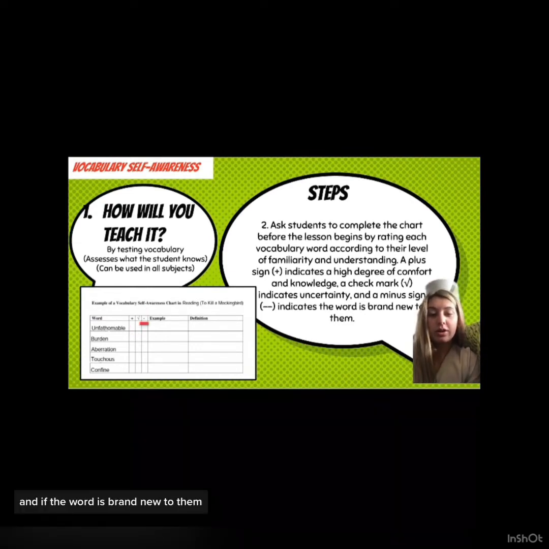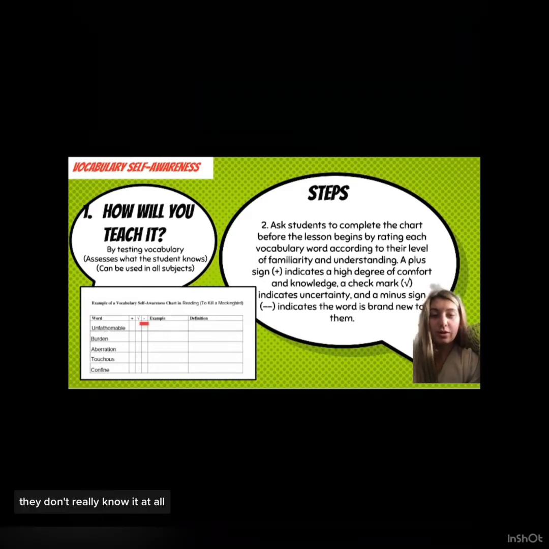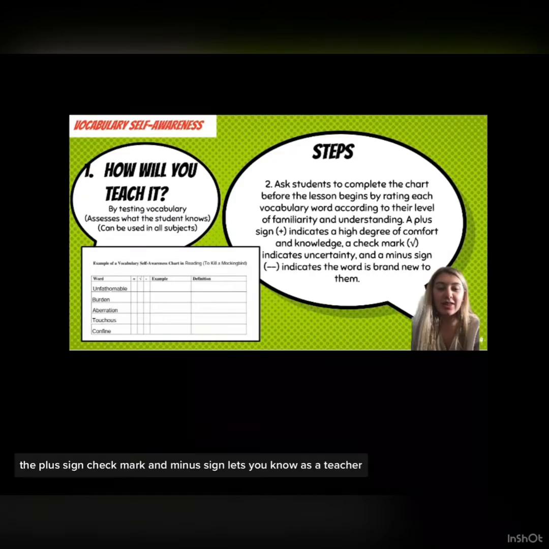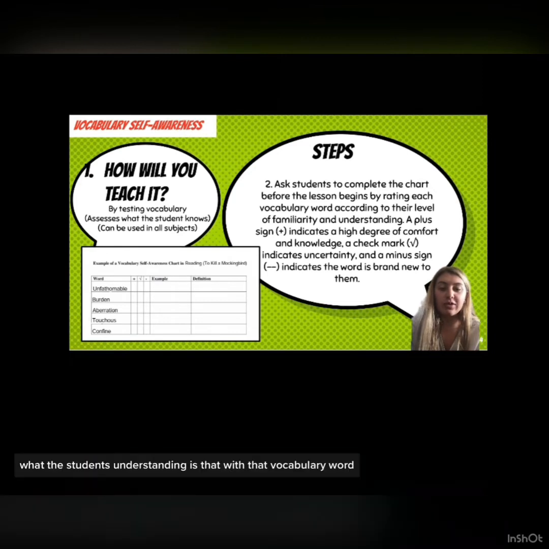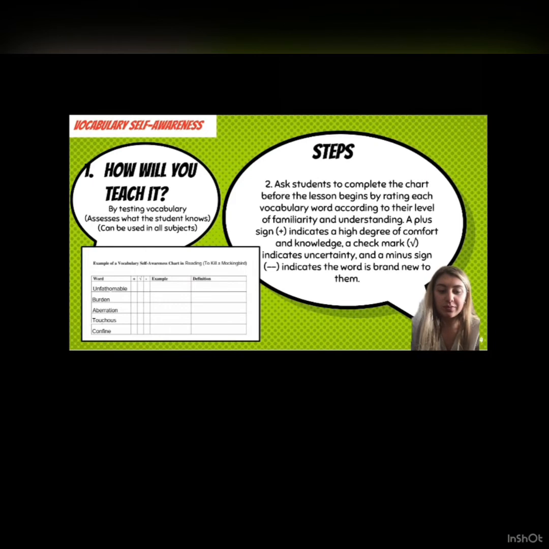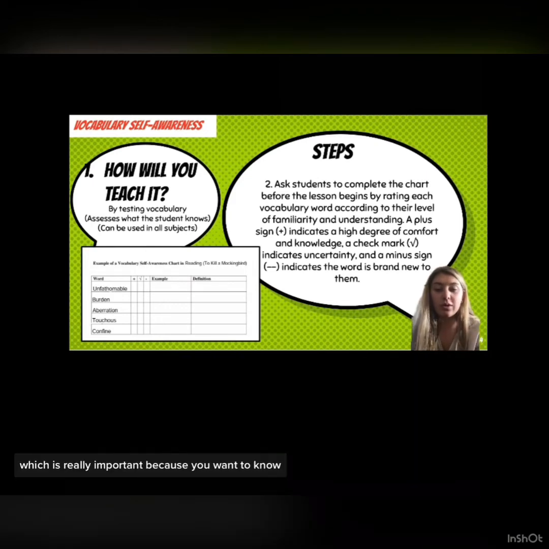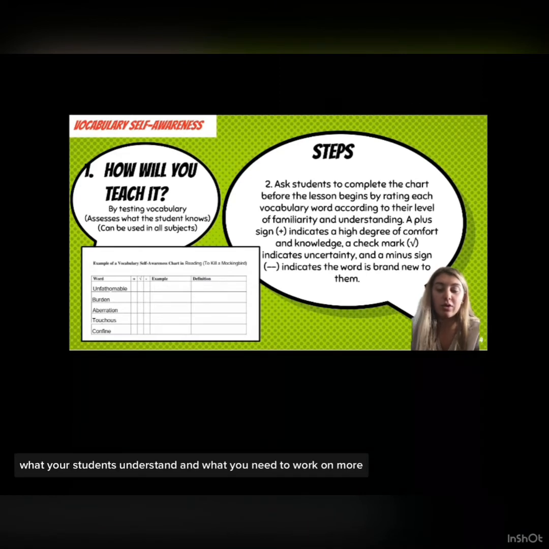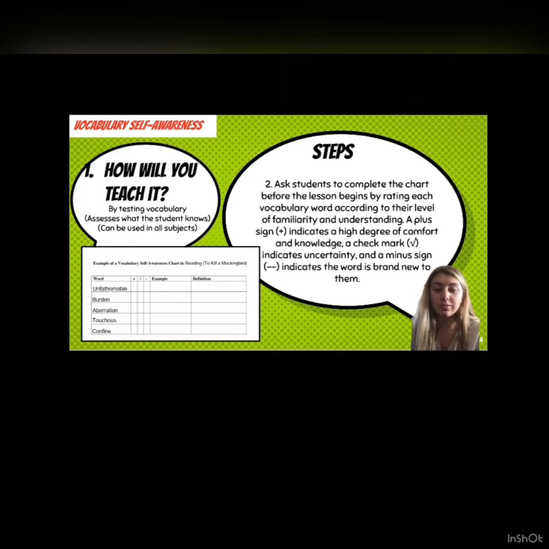And if the word is brand new to them, they don't really know it at all, they will write a minus sign or negative sign. The plus sign, check mark, and minus sign lets you know as a teacher what the student's understanding is with that vocabulary word, which is really important because you want to know what your students understand and what you need to work on more.